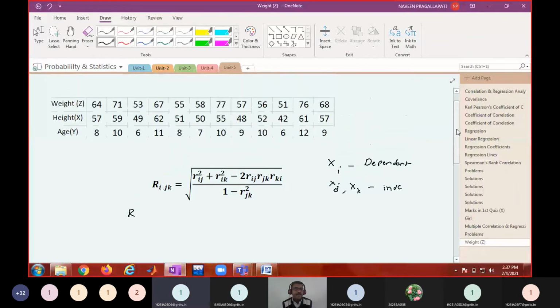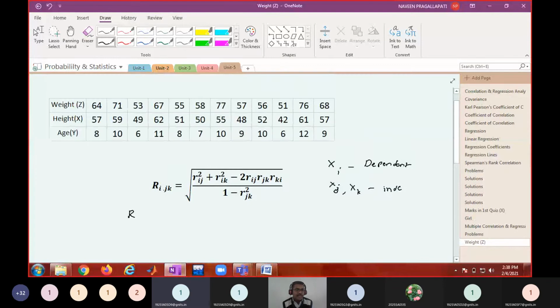Z, X, Y. So let us assume that z equals xi, x equals xj.